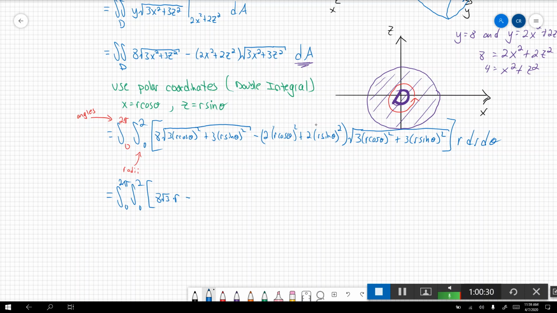Minus these values right in here, that's just 2r squared multiplied by cosine theta plus sine theta, which is 1. And then in here, again, we're left with a root 3 times r because of r squareds. And then we're left with r dr d theta.